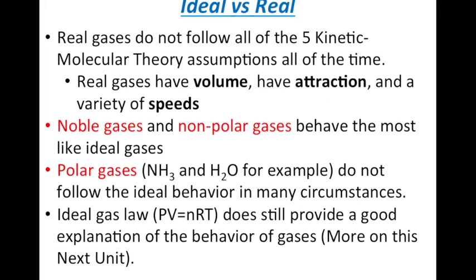So again, no gases behave like the ideal gases, which are gases that follow the 5 points of the kinetic molecular theory. All gases are real gases and don't follow that, but some are close. Noble gases and nonpolar are closer to ideal than polar, but the ideal gas law, which assumes that they follow those 5 points, does still give us a good idea.